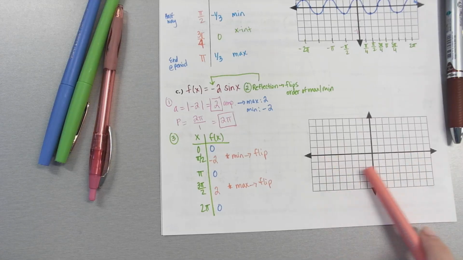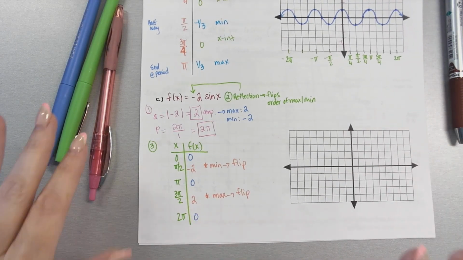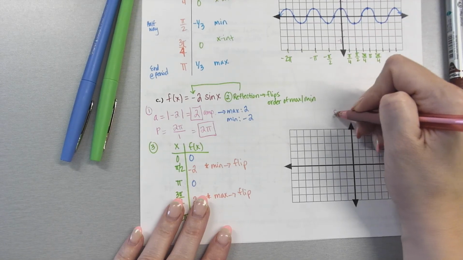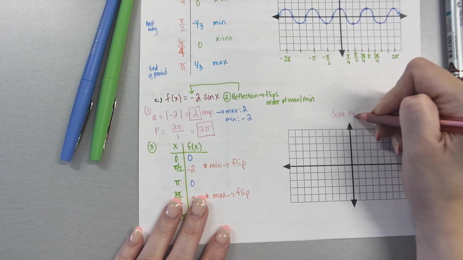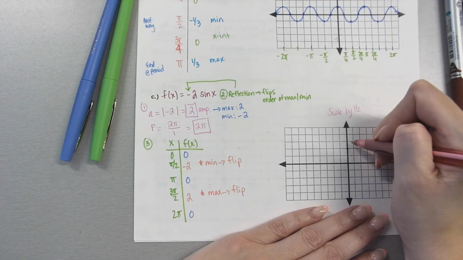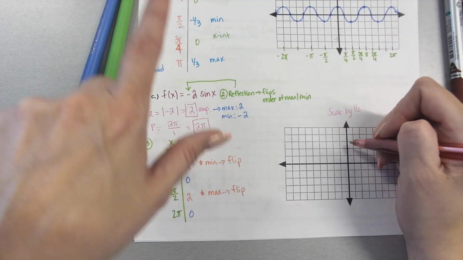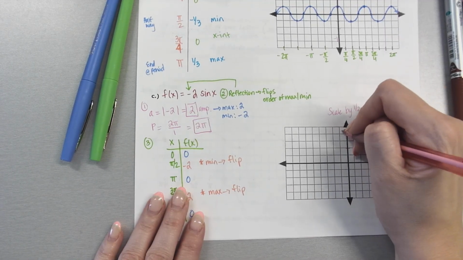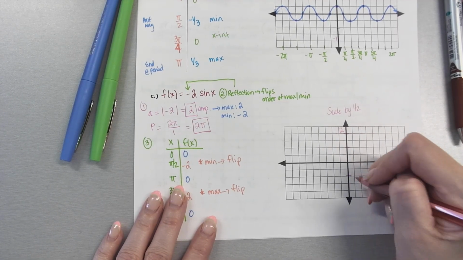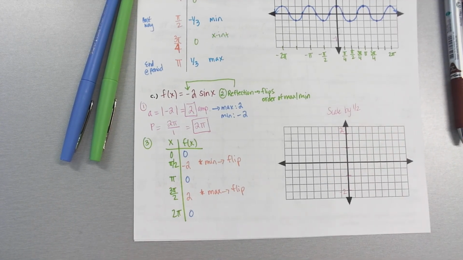Now, just to keep this so that it looks similar to what we did before, I am going to scale my y's by 1/2. I'm only doing that so that you can really see the difference between something that has the 2 in front and a fraction. So if I keep this by the 1/2, this is where my 2 is. This would be where my -2 is.